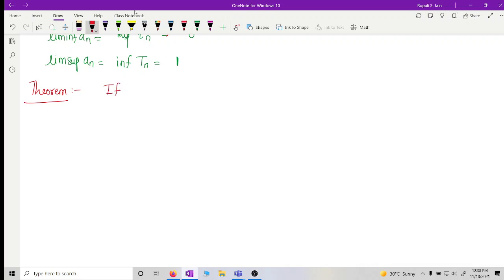If xn converges, then lim inf of xn is equal to lim sup of xn is equal to the limit of xn. If it converges, then lim sup and lim inf are equal to the limit of that sequence, that we want to prove.